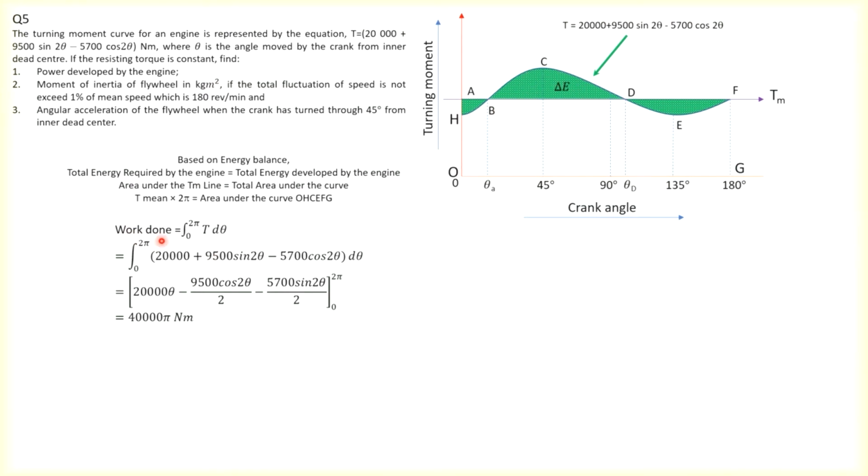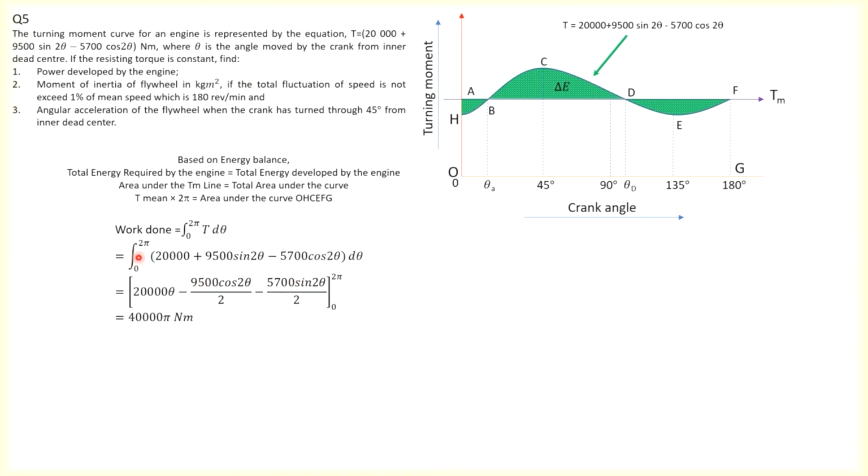The work done, or energy developed by the engine, is the area under the curve. You take the limits as 0 to pi or 2 pi. It's up to you. So we take 0 to 2 pi.